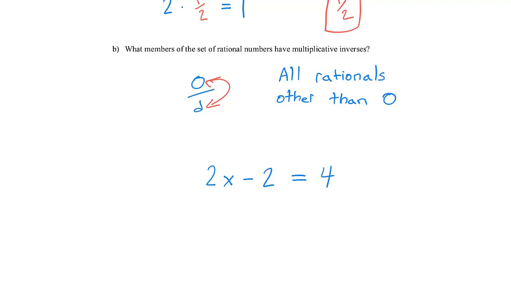So let's apply the inverse of minus 2 first. That's plus 2. So we would add plus 2 to both sides of the equation. We wouldn't change the result of our equation by doing that. Our equation is still true. Now we are searching for the 2x that equals 6.